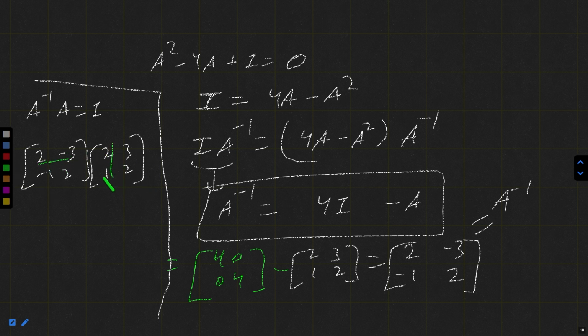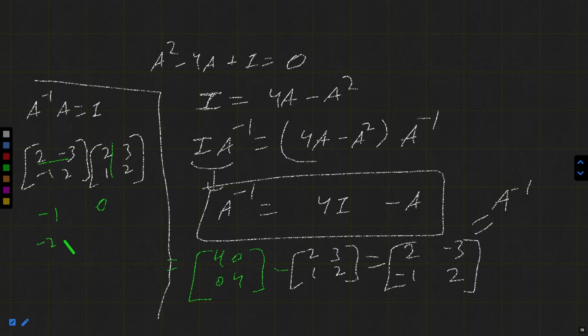So 2 minus 3 will give me minus 1. Okay, so far so good. Now 6 minus 6 will give me 0.